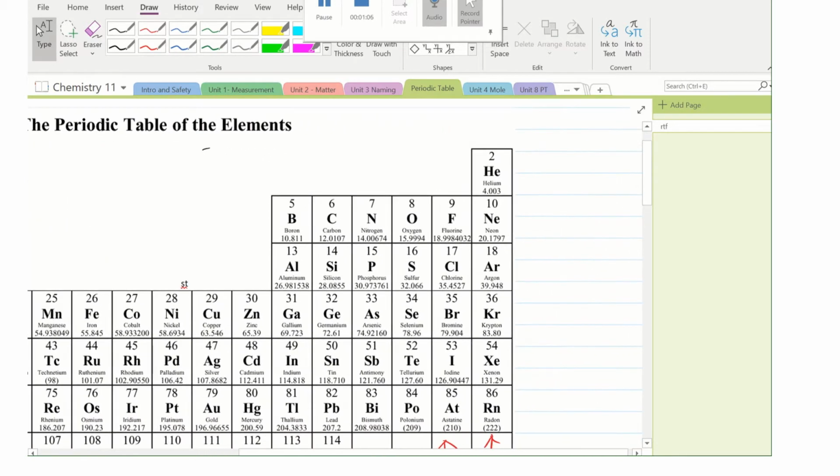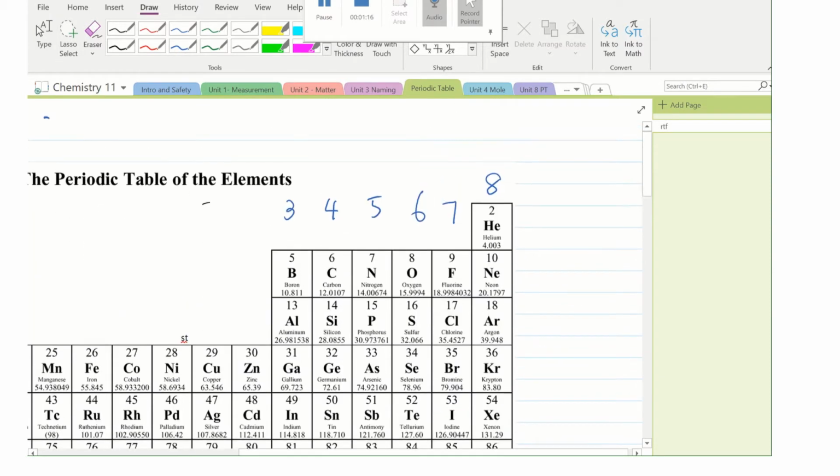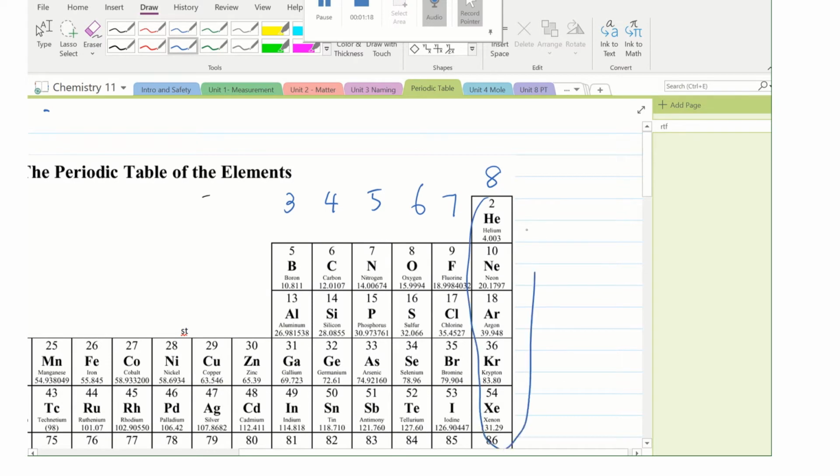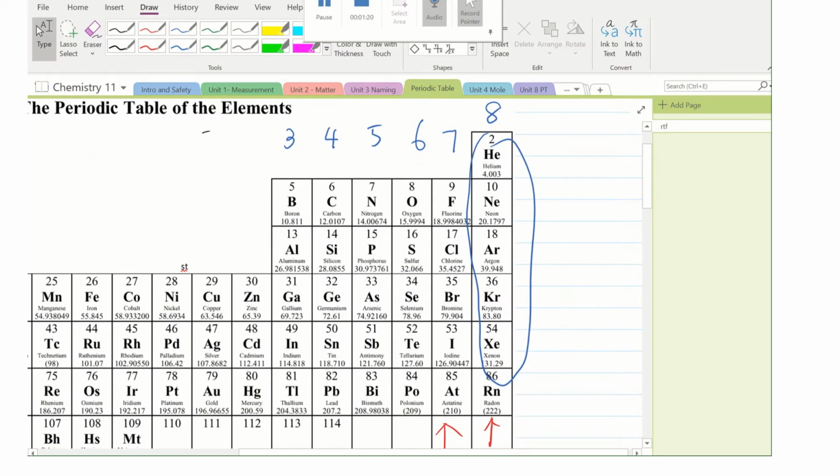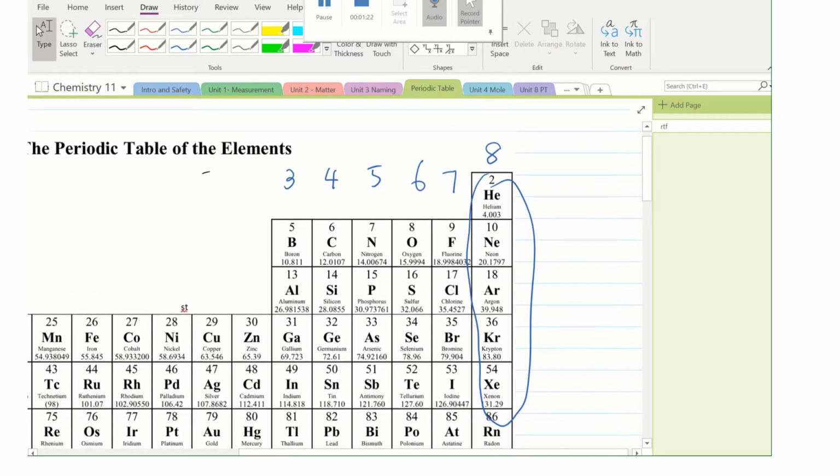As we go from left to right, the alkaline earth metals have two valence electrons, and all the way to the right, the columns have 3, 4, 5, 6, 7, and 8. The noble gases, except helium, all have 8 valence electrons. That means they are very stable and happy, so they don't want to gain or lose electrons.